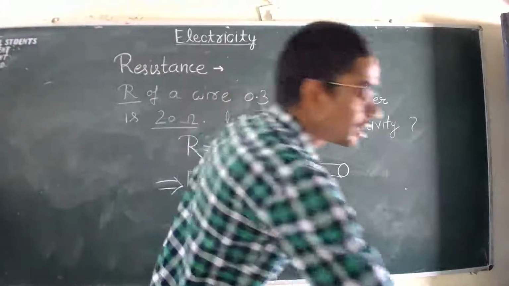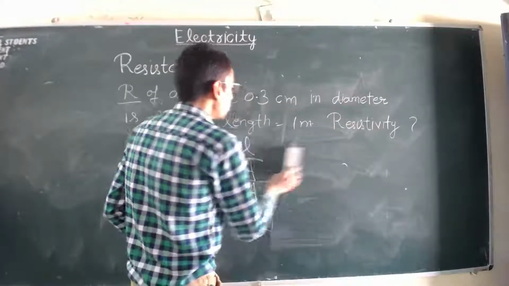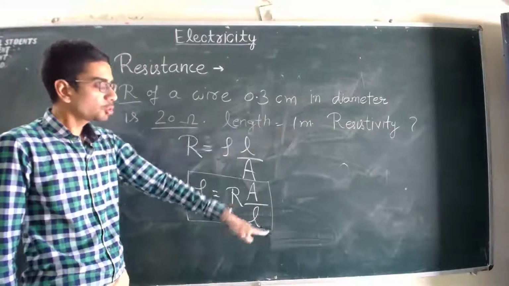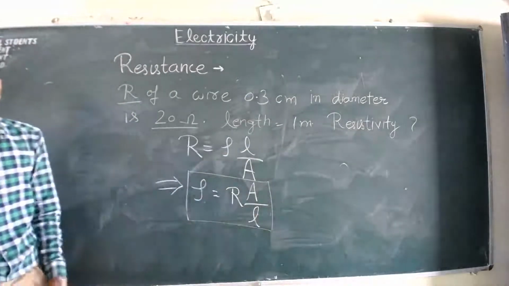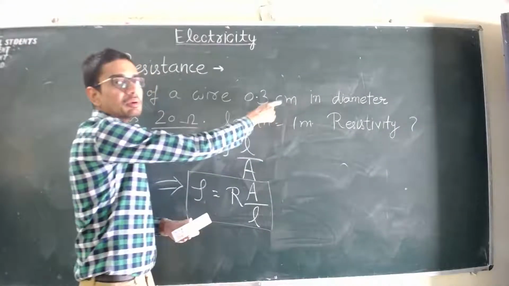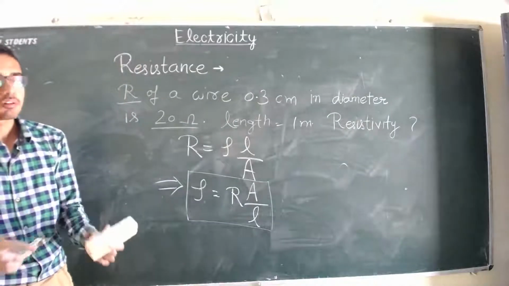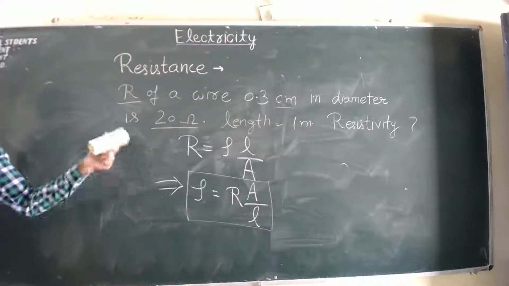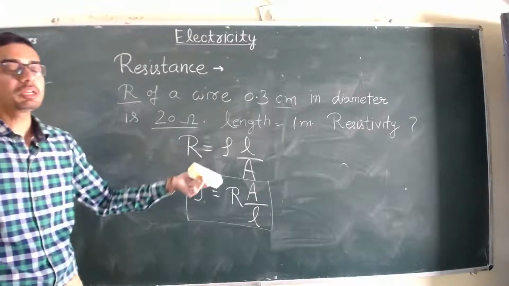ठीक है. You have to put value of A and length is 1 meter. You have to simply put 1 here. You also must notice that this is centimeter, so आपको इसको मीटर में भी कन्वर्ट करना होगा, because you always solve problems with SI units. It is very simple question. You have to simply put values.